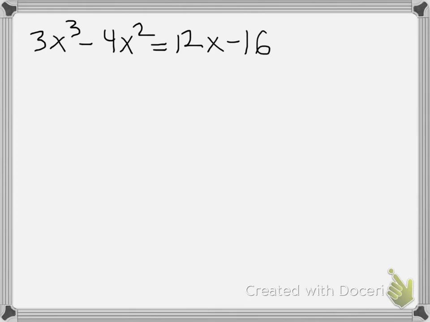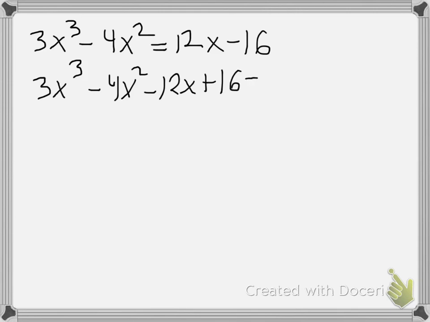And we are supposed to find all solutions and check for extraneous solutions when necessary. Well, guys, for something like this, put everything on the same side. Everything on the same side. 3x cubed minus 4x squared minus 12x plus 16 is equal to 0.